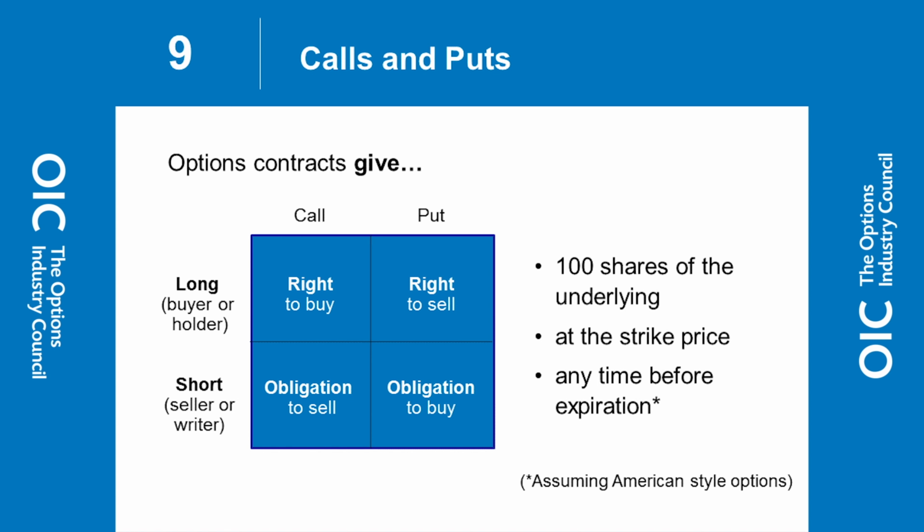Buying a call gives us the right to buy stock. Buying a put gives us the right to sell stock. And conversely, selling the call, now we accept the obligation to sell those shares. And when we sell a put, we are accepting the obligation to buy those shares. Now, for that obligation that we accept, we're not doing it for free. Option sellers receive what we call a premium.